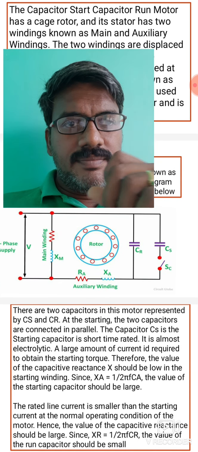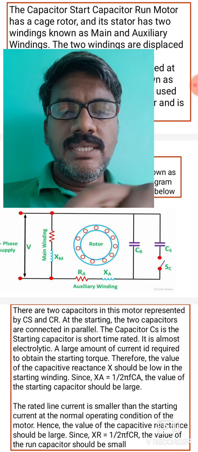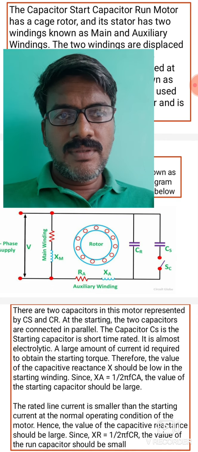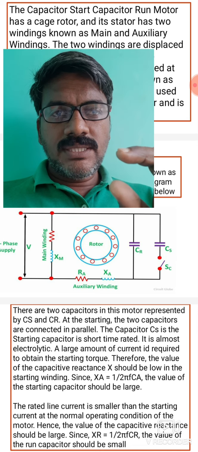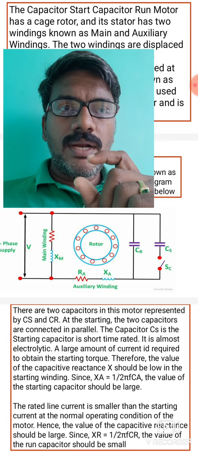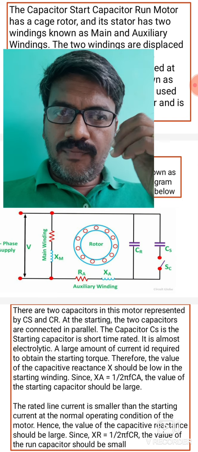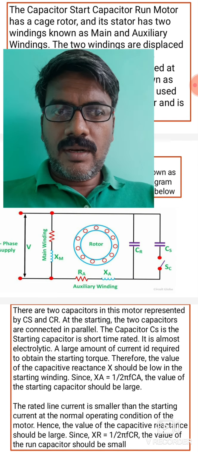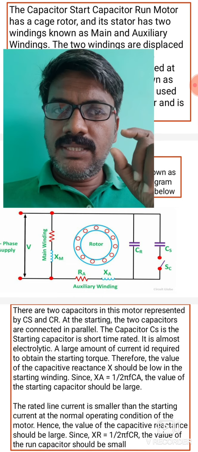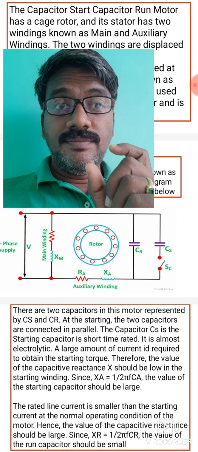The main drawback in a single value capacitance motor is that the same capacitor is used for starting and running, but at starting we require high starting torque, and after that we require running torque. And the capacitor is designed such that it must be suited for short duration or for long duration.